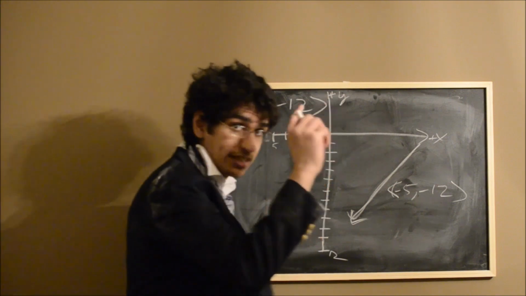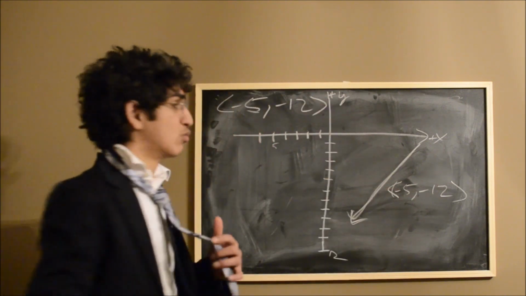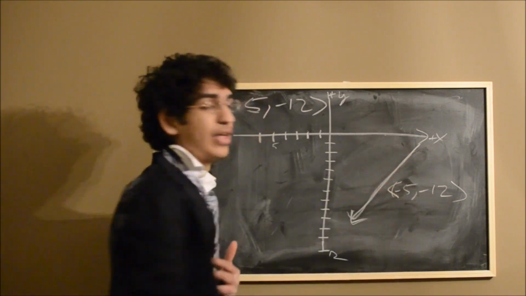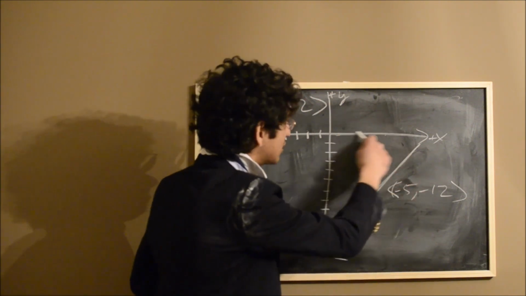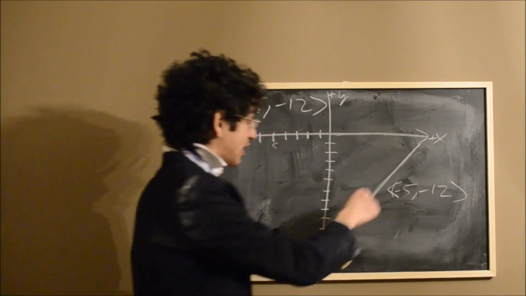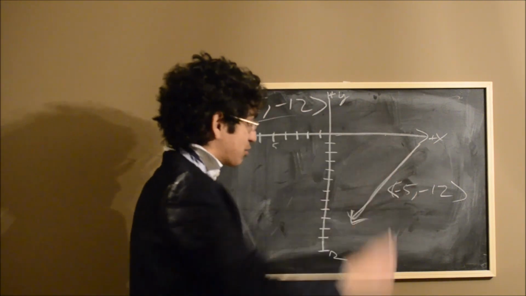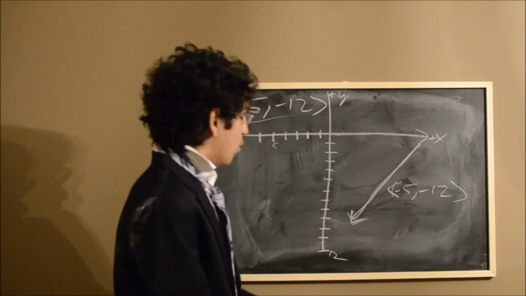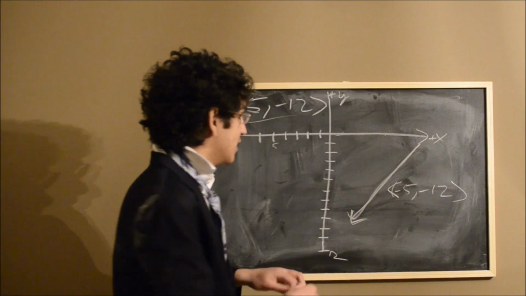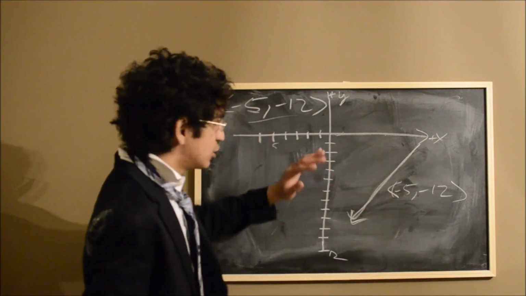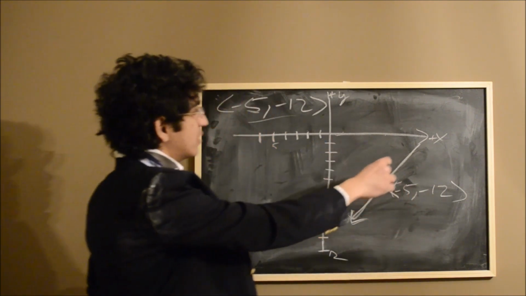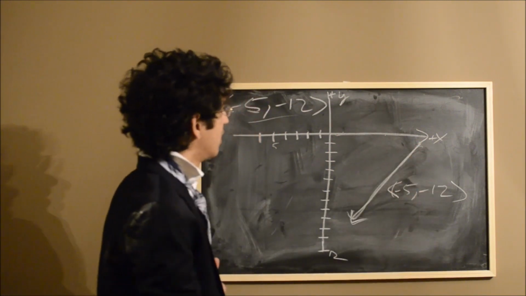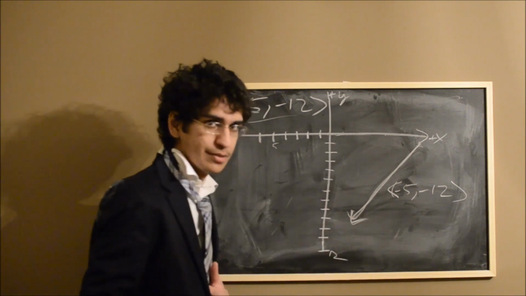How do I find the angle this makes with the x-axis? Because finding this angle is the first step to representing this vector without this notation. I need to find the angle that this makes with the positive portion of the x-axis so that I can define its direction without using this bracket notation. So how do I find that angle? Well, first, in order to make an angle that I can solve easily, I need to shift this vector so that the initial point, the tail of this vector, is at the origin.